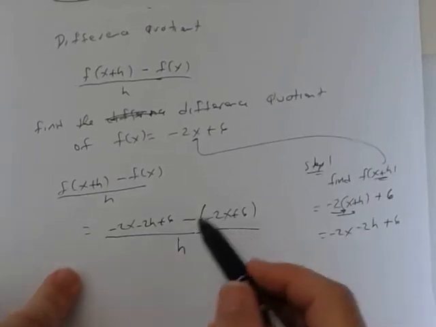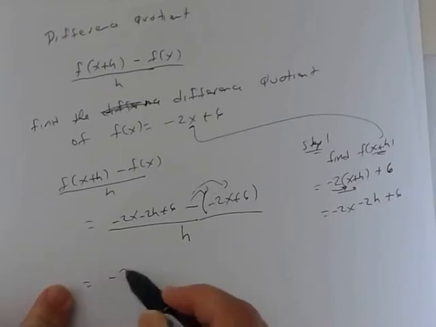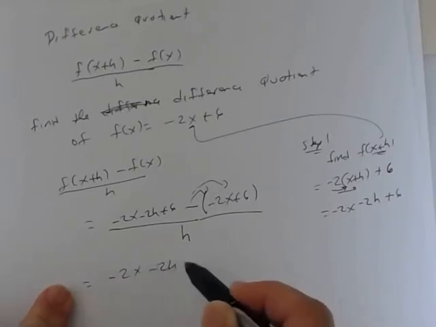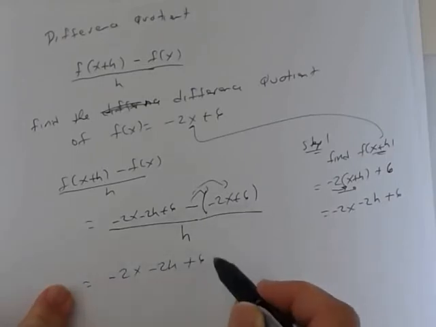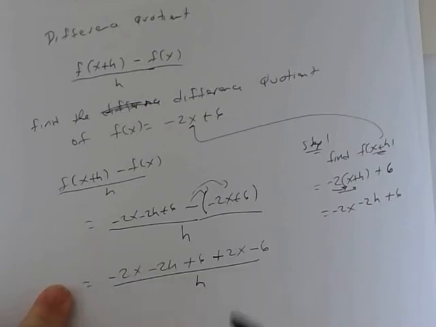All right. Now get rid of the parentheses. How do you get rid of this parentheses? Distribute. So negative 2x minus 2h plus 6. And what does that become? Very good. And then what? All over what? H. Okay.